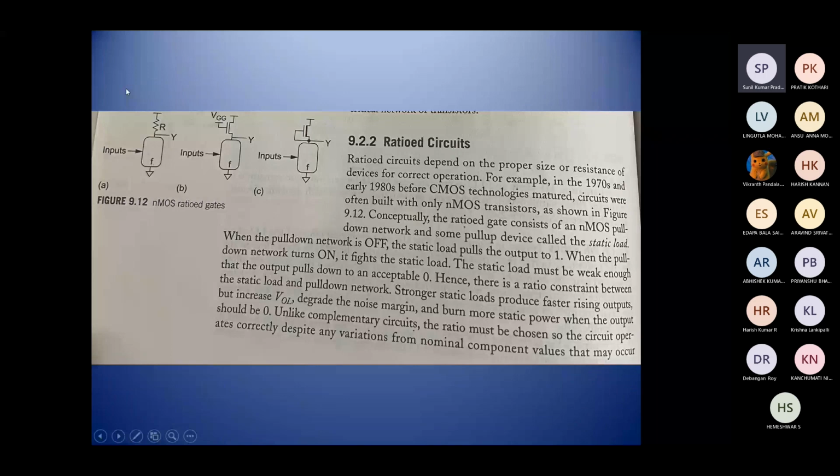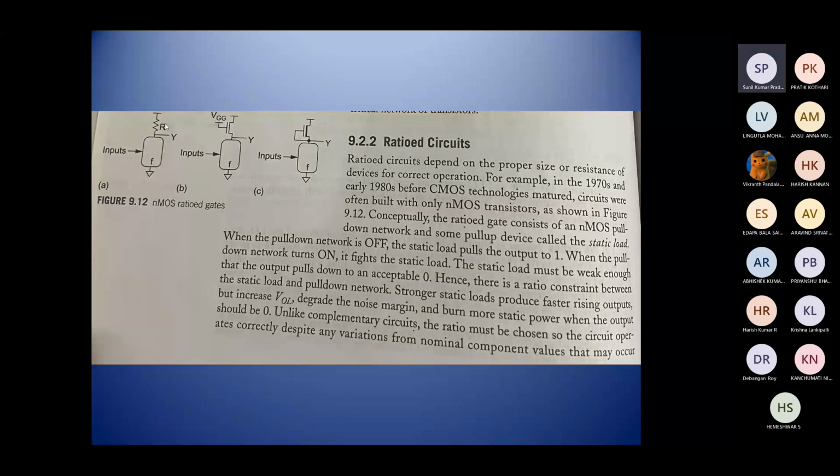When the pull down network is off, the static load pulls the output to 1. When the pull down network turns on, it fights the static load. The static load must be weak enough that the output pulls down to an acceptable 0. Hence, there is a ratio constant between the static load and the pull down network.